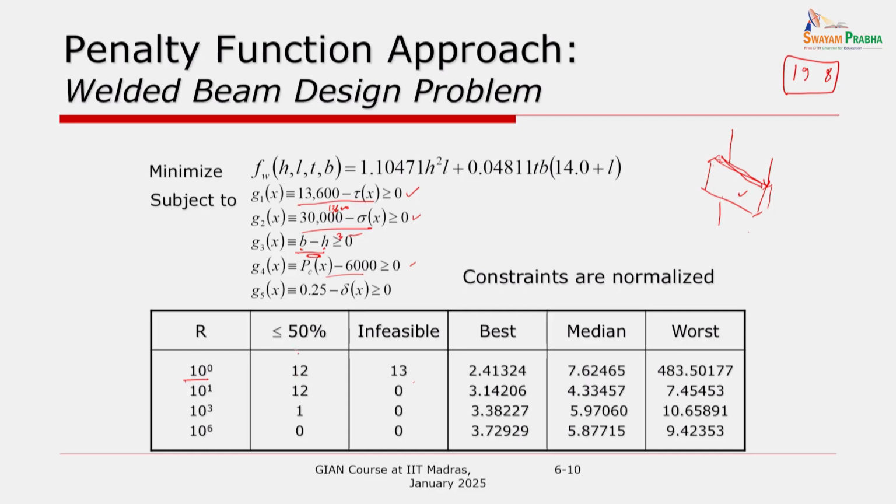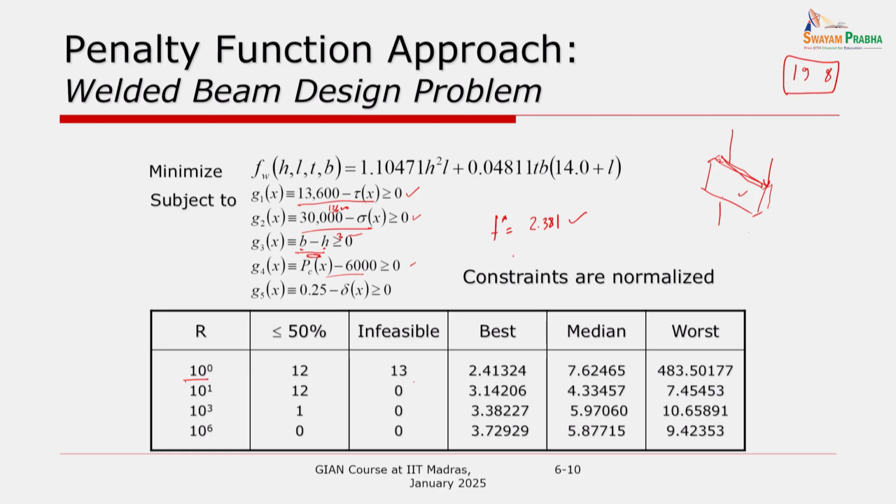But then, of the runs which are not infeasible, 12 of those runs gave me a good function value. I know this by heart: the optimum of this is 2.381. That's the function value. We've tried it so many times. This is the known optimum, and it is now proven to be the optimum.